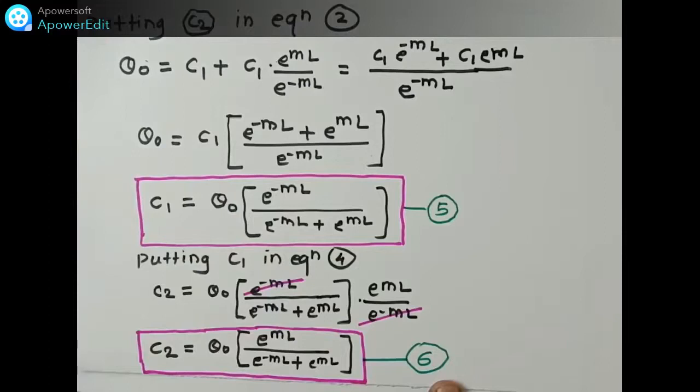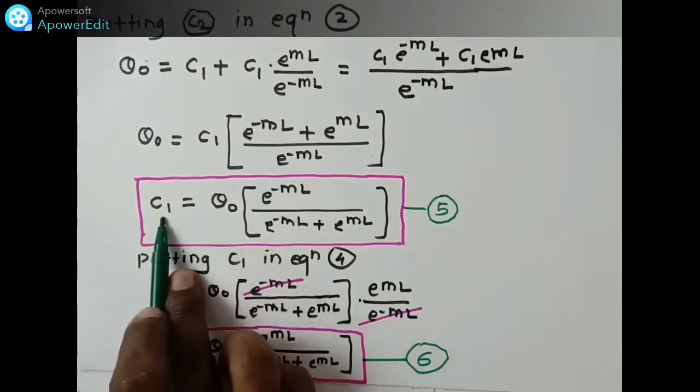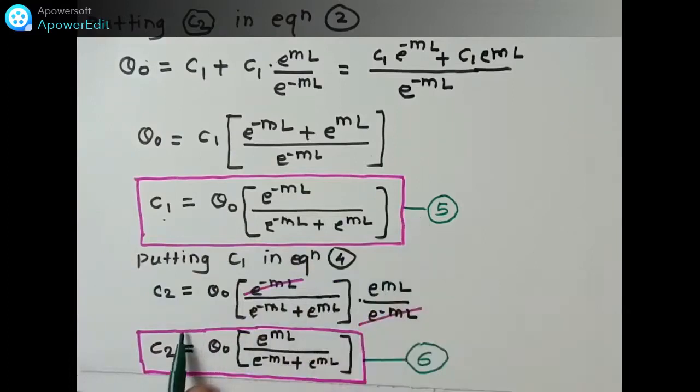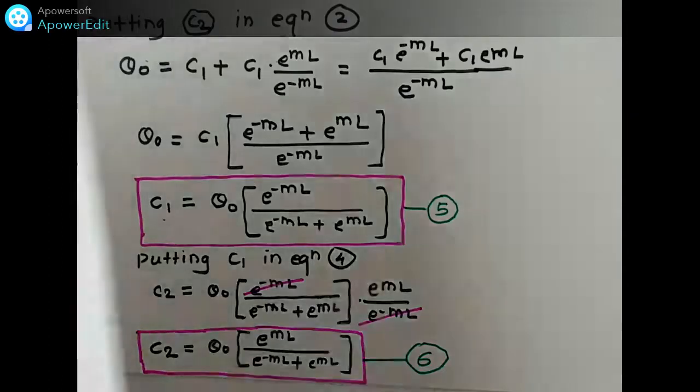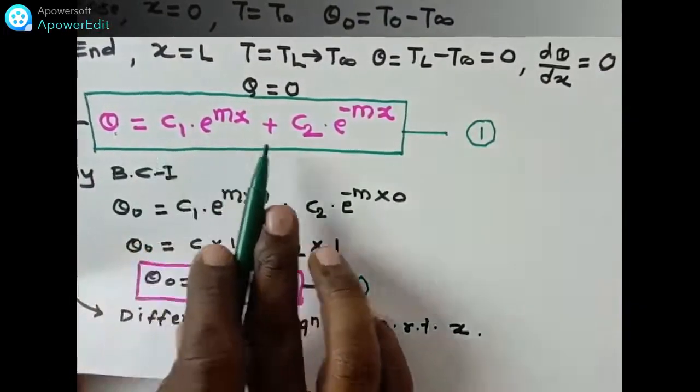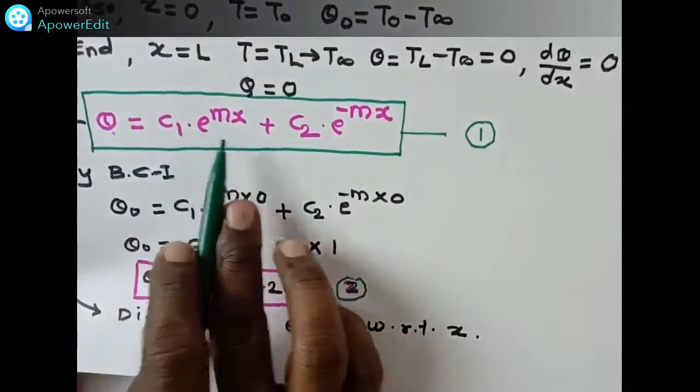Now we have the expression for C1 from equation number 5 and the expression for C2 from equation 6. Now we can put these expressions C1 and C2 in the main equation, that is the general solution, theta is equal to, this is the general solution. So here is a C1 and here is a C2.